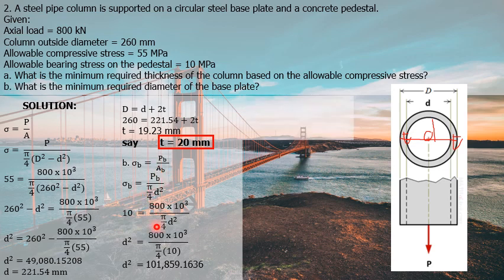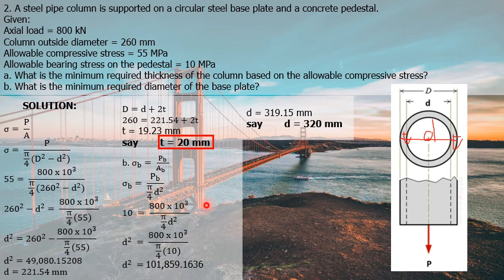In this case, the bearing area is not thickness times diameter, but rather it is simply the area of the base plate. Why pi fourths d squared? Because the base plate is circular, so that should be the area of a circle.